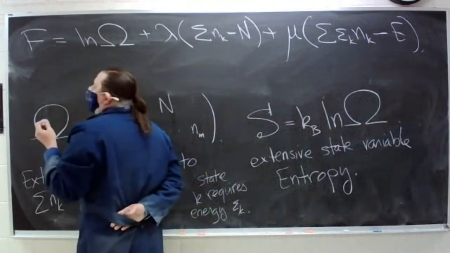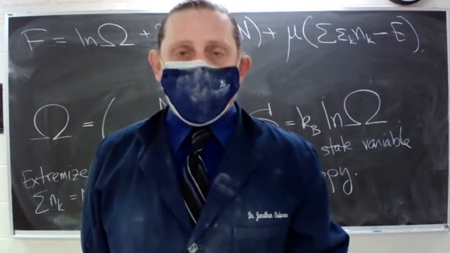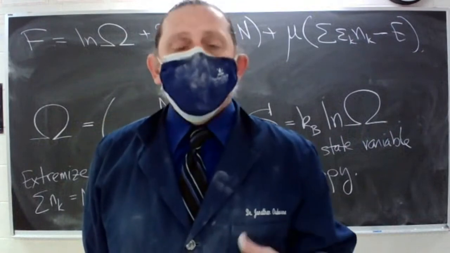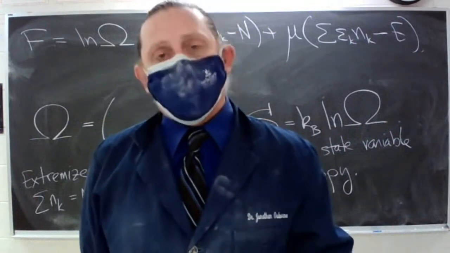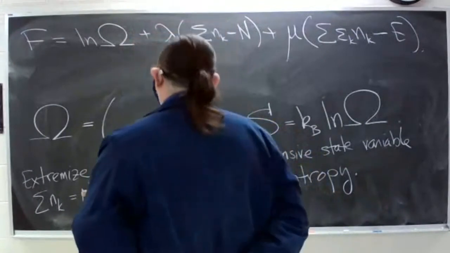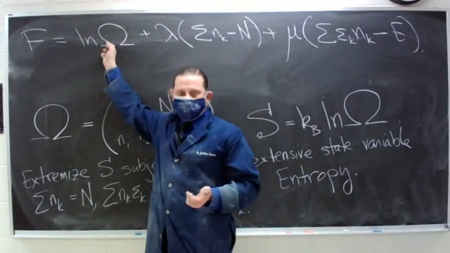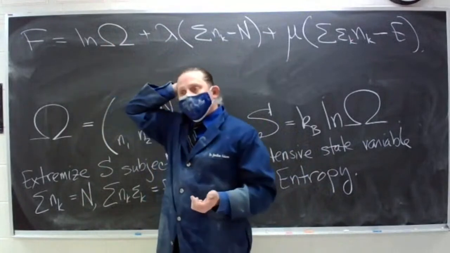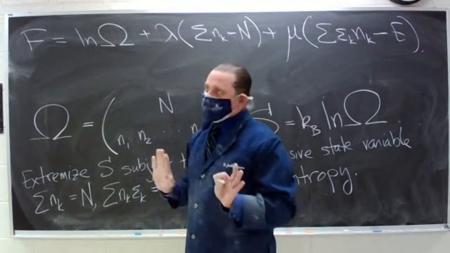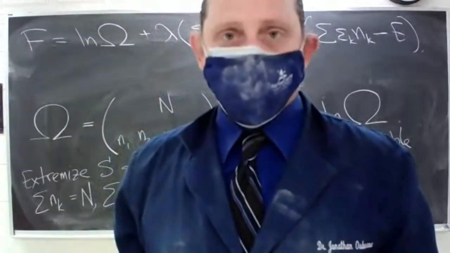Now, in order for us to use Lagrange multipliers to find the extreme value, I'm going to need to take derivatives. And that's going to be awkward with the factorials. So it might not surprise you that we're going to go immediately for Stirling.